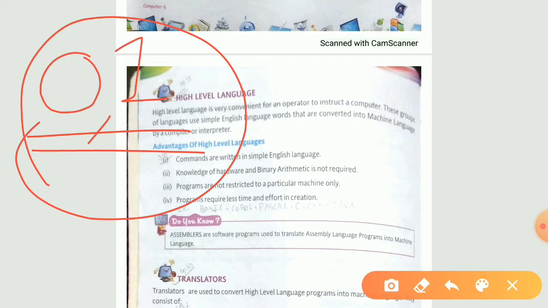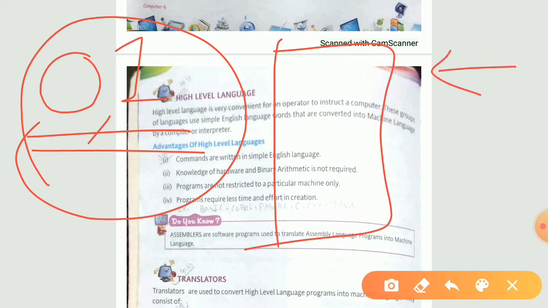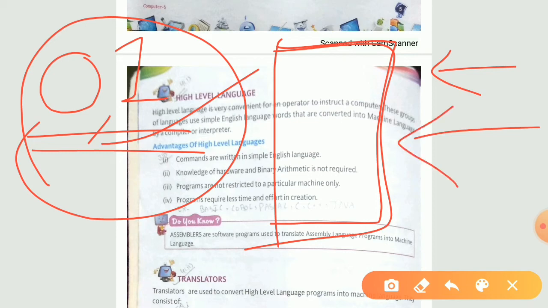Now how advanced the machine is depends on the middle software, the conversion software. You are speaking something from here, and some middle software is going to convert it into zeros and ones. You are writing something in English, then some middle software should be there so that it can convert it into zeros and ones. So the main role is that of the middle software.